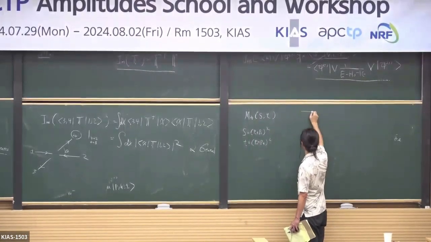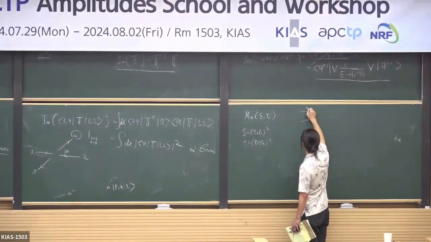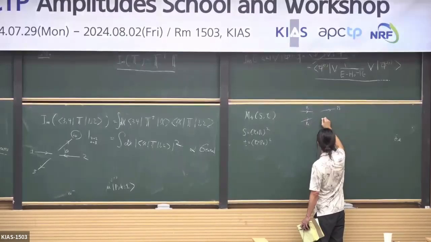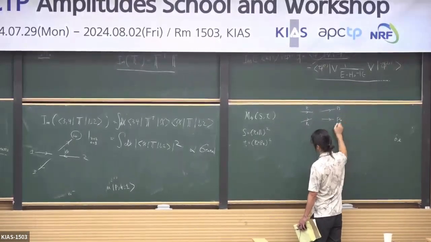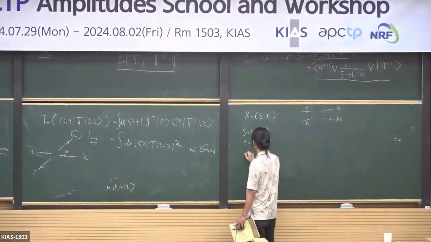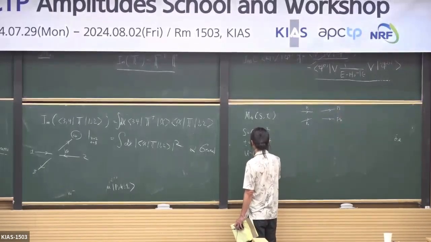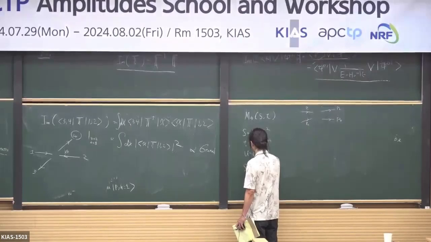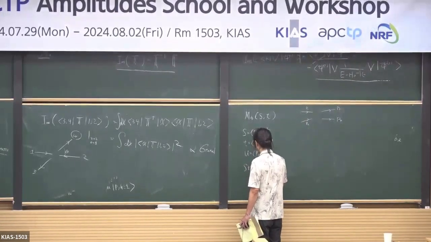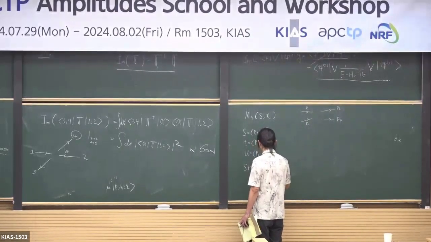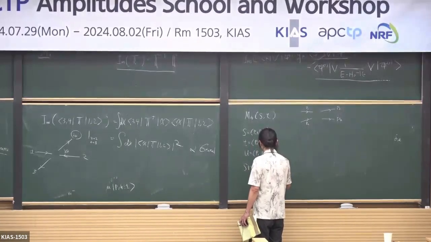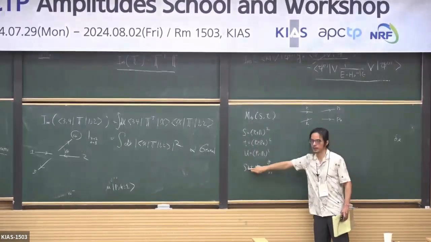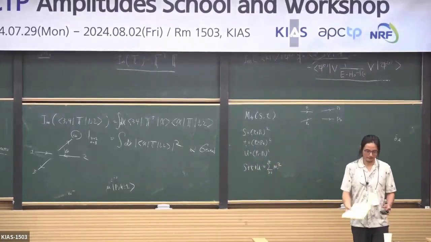My momentum setup has p1, p2 incoming and p3, p4 outgoing. Most of you know you can also have u, which is (p1 - p3) squared. But because of momentum conservation, s + t + u equals the sum of the masses squared, i from 1 to 4, so you only have two independent variables.